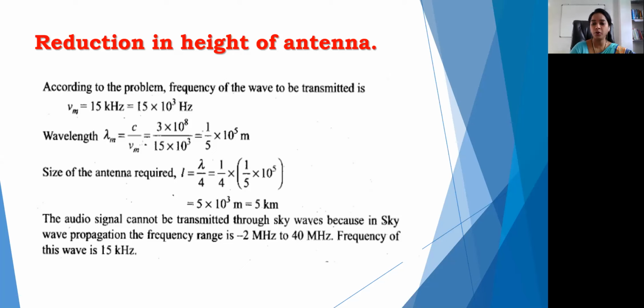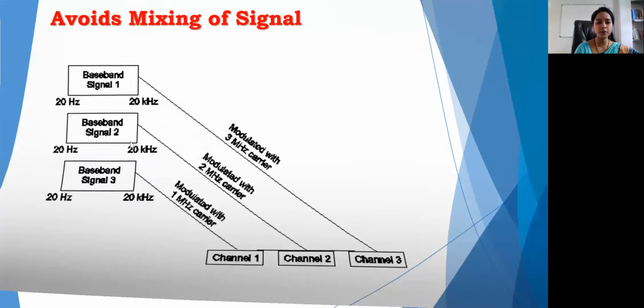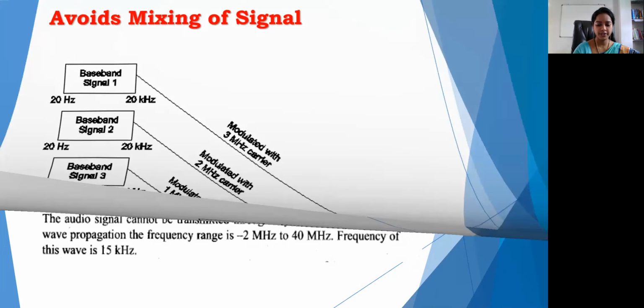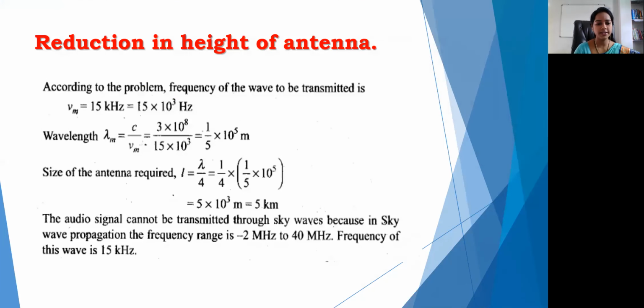It is very important for you to write down some of these things, so you can write this in your copy along with your pen. This modulated signal has a frequency of 15 kilohertz.